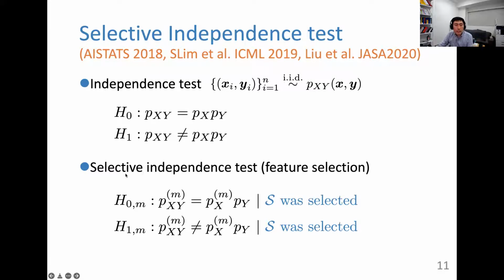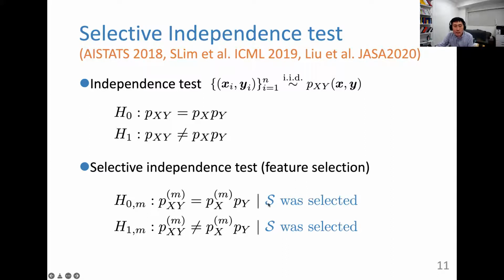Here, the selective independence test can be formulated like this. The null hypothesis depends on the selected features. So we somehow select a feature set, and with this condition we test whether the two distributions are independent or not.